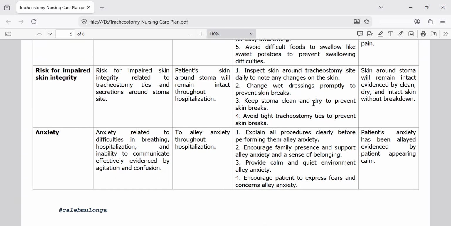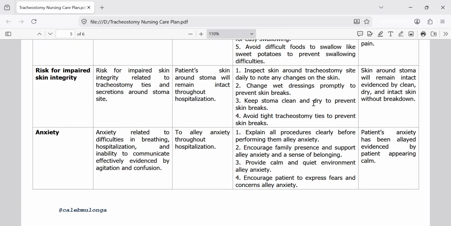Firstly, you've made an incision. Secondly, you've placed this tracheostomy tube and you need to tie it, isn't it? Thirdly, you understand that there can be some secretions that can be dropping as you are suctioning or that can be coming out. So they will impair the skin. So that is why we're saying risk for impaired skin integrity.